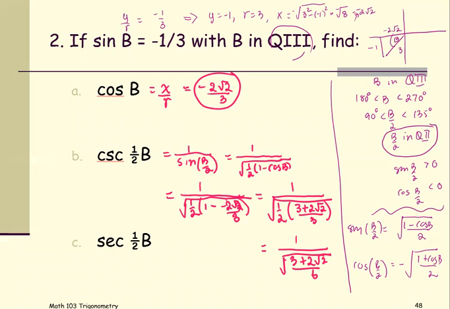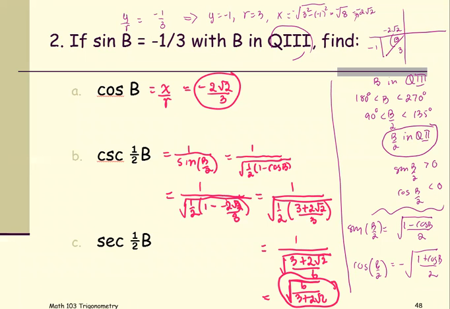Since this is 1 over, the reciprocal, we just rewrite it as square root of 6 divided by 3 plus 2 square root 2 as the value of the cosecant of B over 2.